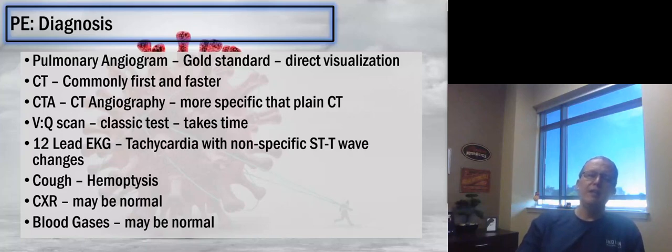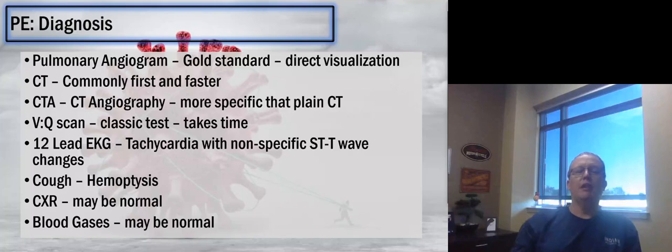That said, it would take at least 20 minutes to get access to the femoral artery to begin the pulmonary angiogram. So you can see how CT of the chest can provide a very rapid diagnostic test to rule out or rule in pulmonary embolus.